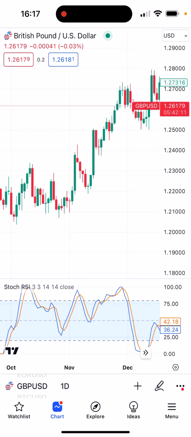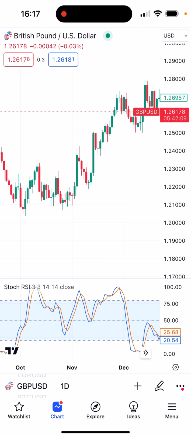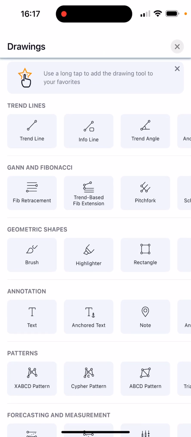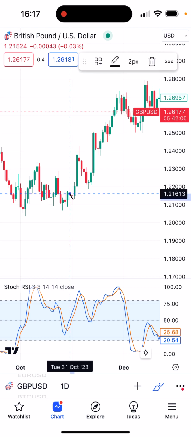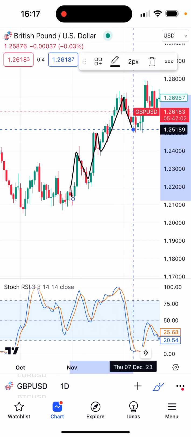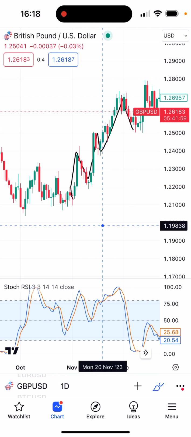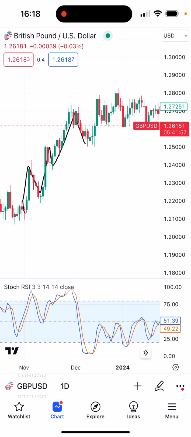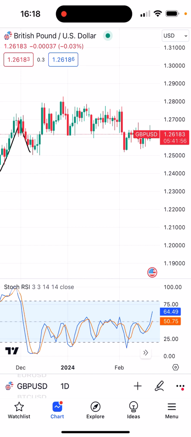So say for instance here right now, you see this price creating a high, breakout, retest, breakout, retest, yeah, and it kept on going up, and then you see this consolidation in this area right here.